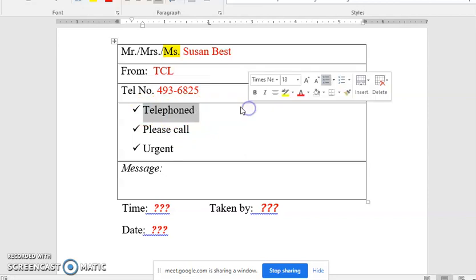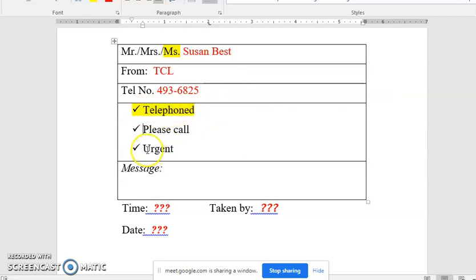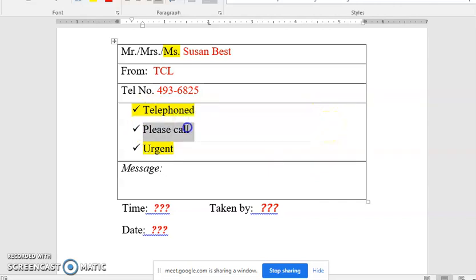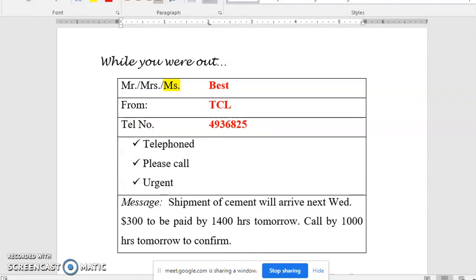So she telephoned. Did she say it was urgent? Did she request that the person call her back? Right. So we tick off all of these things or circle it because Suzanne Best telephoned. Suzanne Best indicated that she wants the person to please call, and Suzanne Best indicated that it is an urgent message.